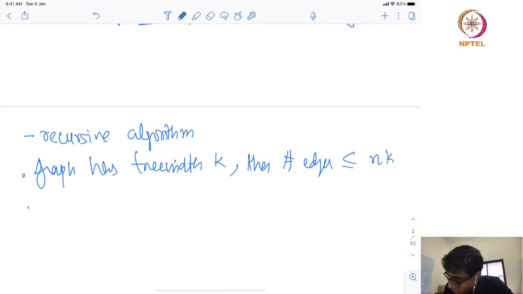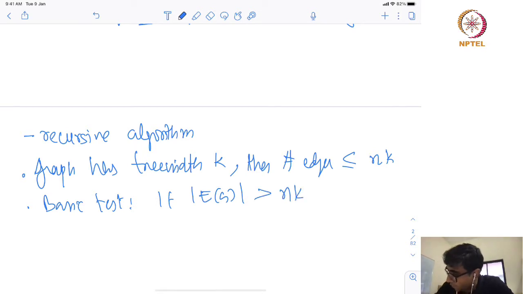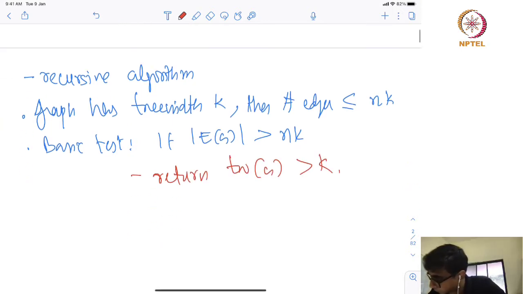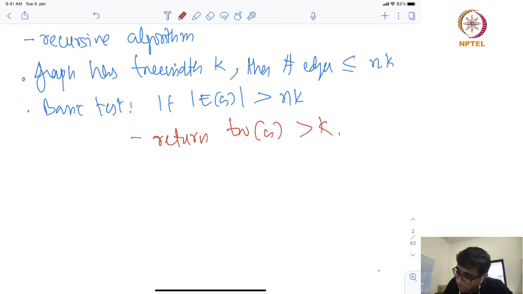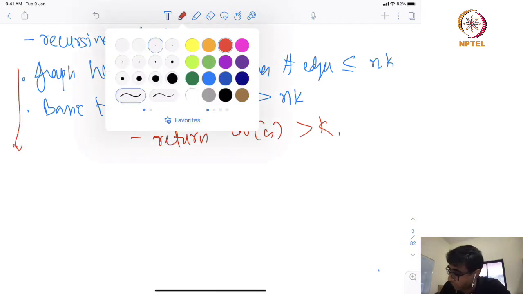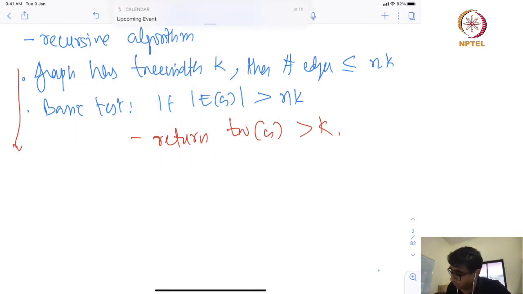So, you could have a basic test: if the number of edges in the graph is more than nk, return that the tree width of G is more than k. These are some of the basic tests that we could perform at any point of time, or just before the algorithm even starts.